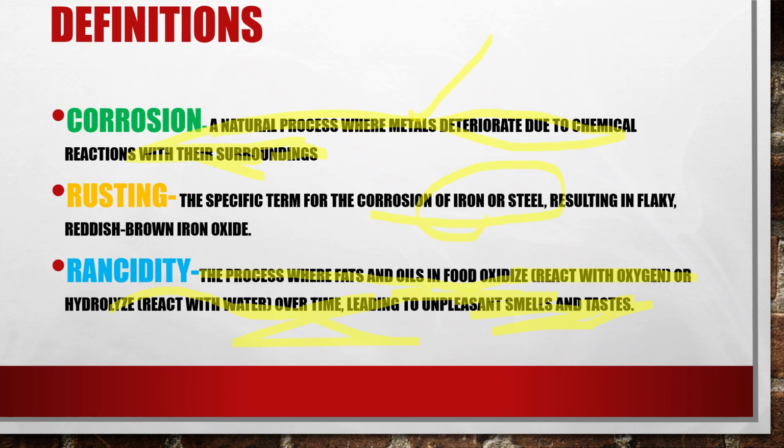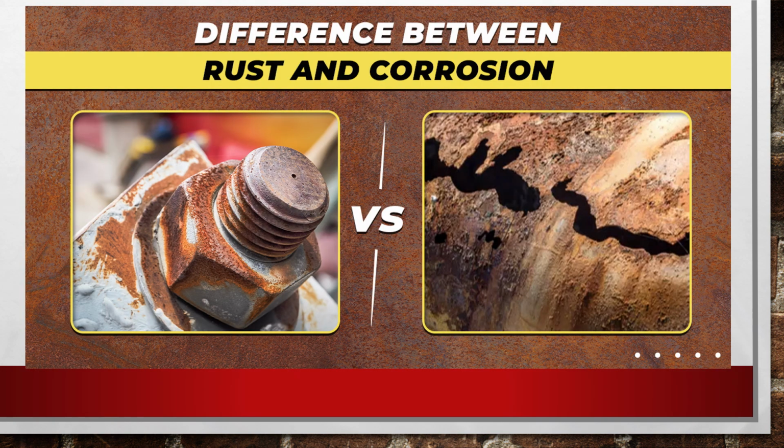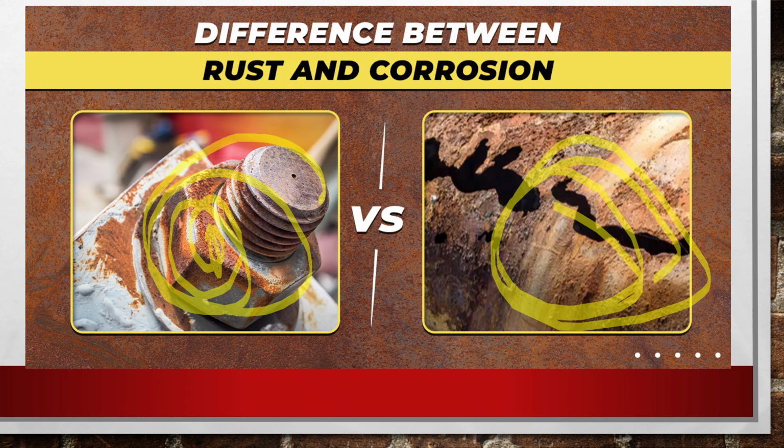Now we will move towards the difference between rusting and corrosion. If you see rust, it is a brown powder, whereas corrosion is the eating up of metal until it is completely gone, the layers destroyed.